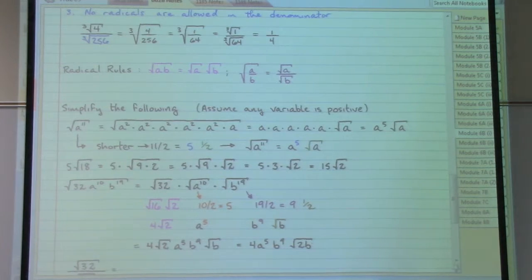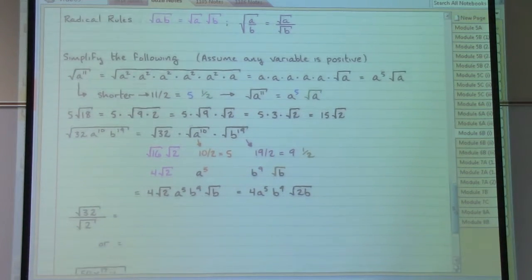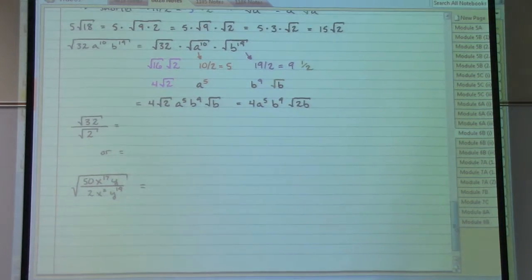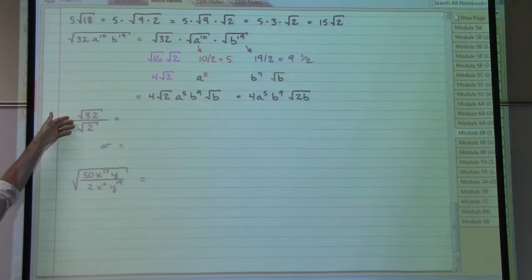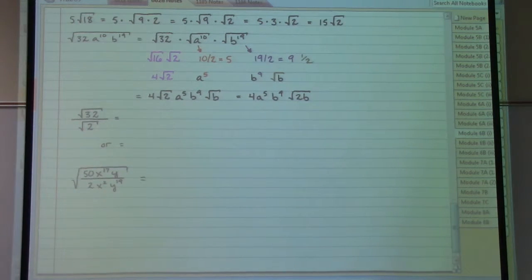Similar idea for the last couple of examples, but just kind of briefly highlighting the other rules that are mentioned here. We are not allowed to have a square root in the denominator, so we might say to ourselves from earlier, I know that the square root of 32 can be broken apart as the square root of 16 times the square root of 2, aka 4 square root of 2.